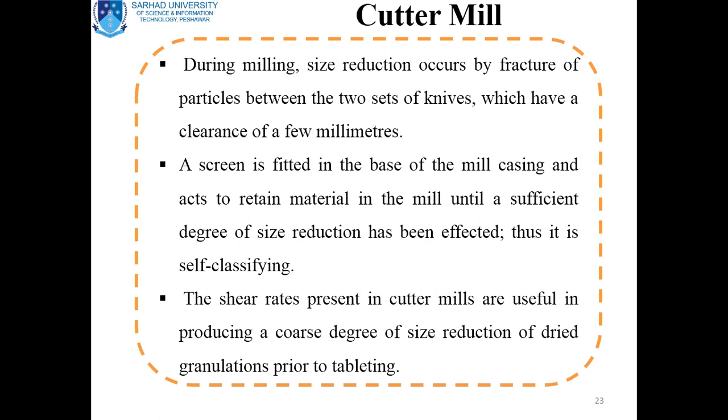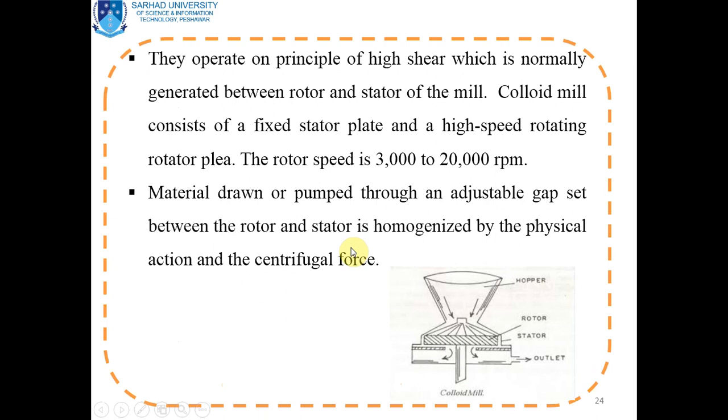Thus, it is classified. The shear rates present in cutter mills are useful in producing a coarse degree of size reduction of dried granulation prior to the process of tableting. So self-classifying is there by using the mesh or sieve.